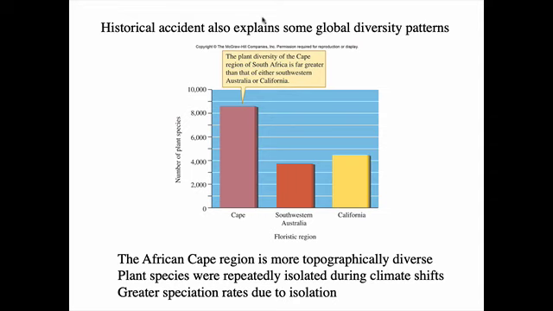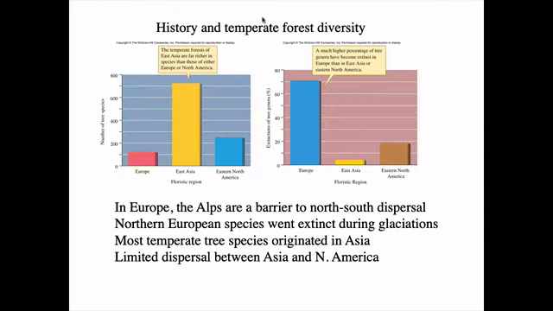One last thing before I let you go, and that is forests. Let's look at temperate forests as our last topic in communities. The temperate forests of Europe have some species, and those in eastern North America, they have some species, but look at the temperate forests in East Asia. Wow.